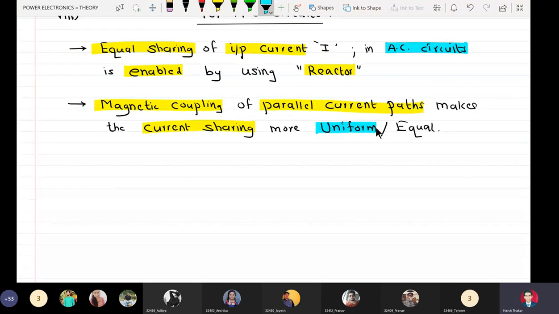So again we consider two SCRs T1 and T2 connected in parallel.